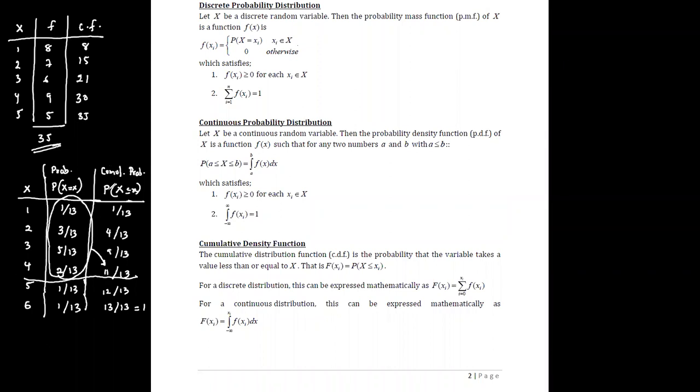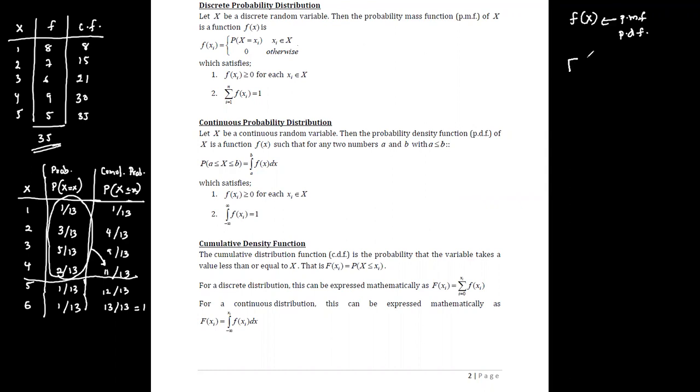Since this is a discrete case, we have taken the summations, but if you come to the continuous case, then instead of summation, you have to integrate the function for the given region. And the next thing is we are using lowercase letter f to denote the probability mass function, or what we call the probability density function in the continuous case.